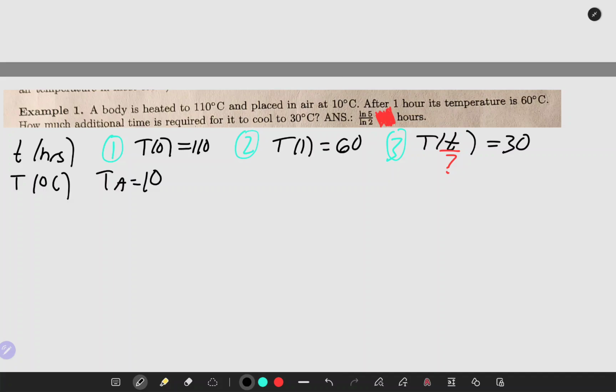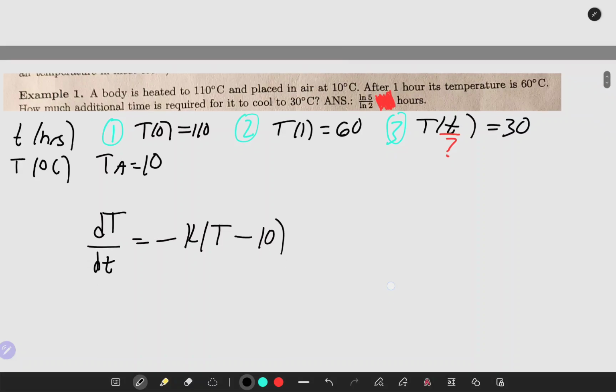So let's write out our differential equation for Newton's law of cooling. We have dT/dt equal to negative k times the temperature minus the ambient, which in this case is 10. Now, looking at this, we should be able to immediately tell that this is a separable equation, right?